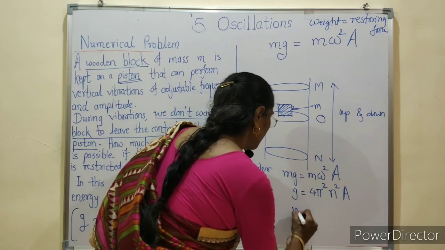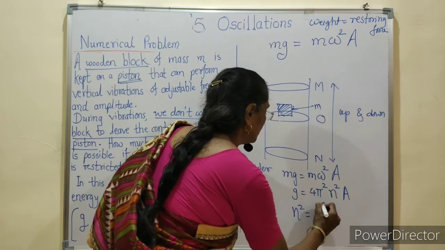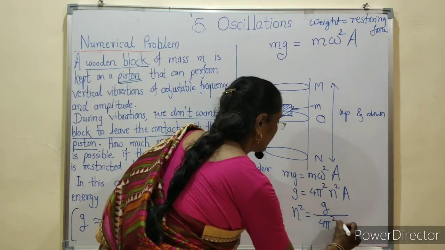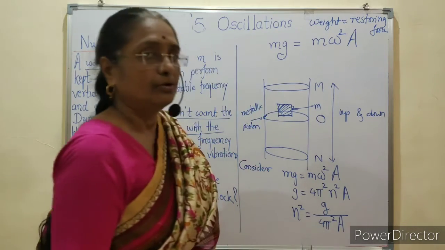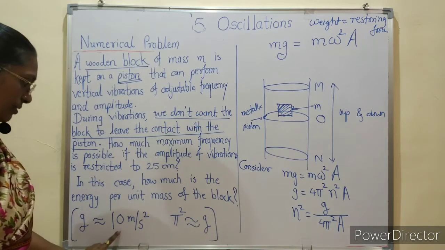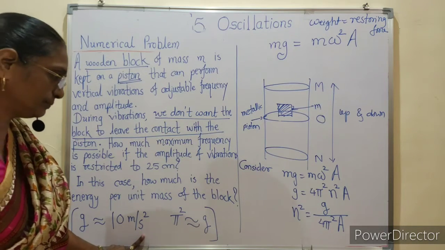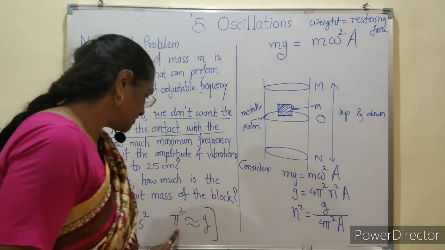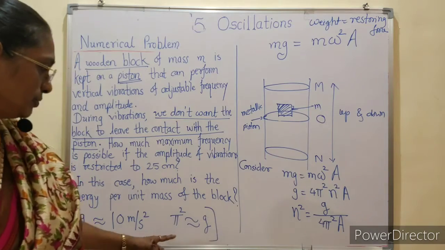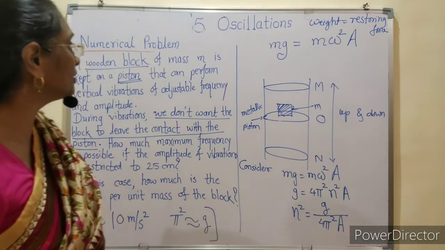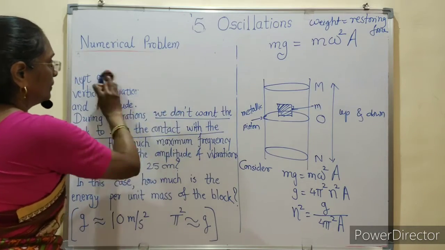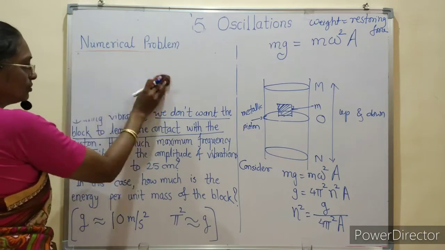So here n square is equal to g upon 4 pi square a. It is given that g is equal to 10 meter per second square and pi square is given equal to g. So both these values we can use. Any one value we can use here. So I can take the calculation on this side.